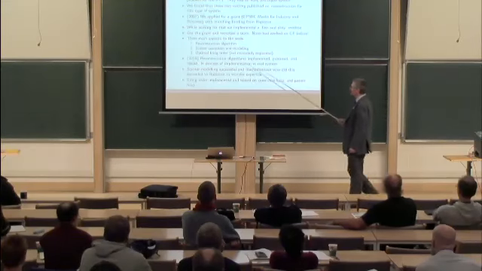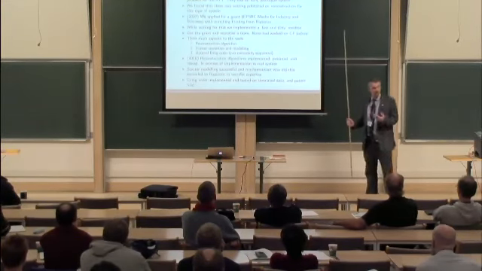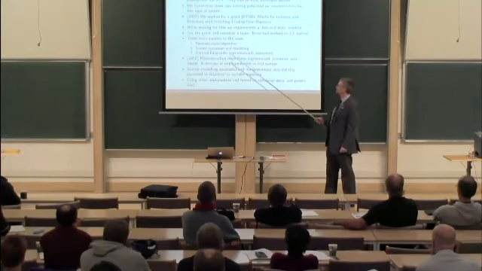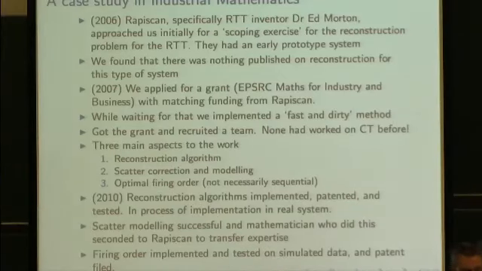The things that we looked at, in particular: we needed a reconstruction algorithm, one that was fast enough to work in real time on hardware that was feasible. We were also worried about the scatter correction. Let me explain that. Because the detectors are fixed, they're facing every way, they have to be able to receive X-rays from every source that's incident on them.